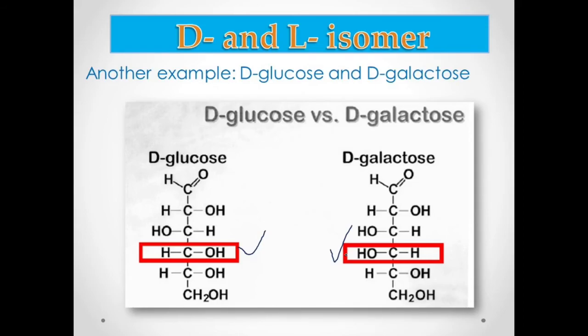Our body can also determine that this carbohydrate is different, because our body can only recognize the structure of D-glucose. But D-galactose needs to be converted into D-glucose first in order for that carbohydrate to be used by the body for metabolism.